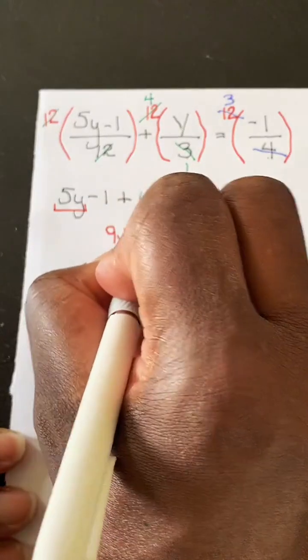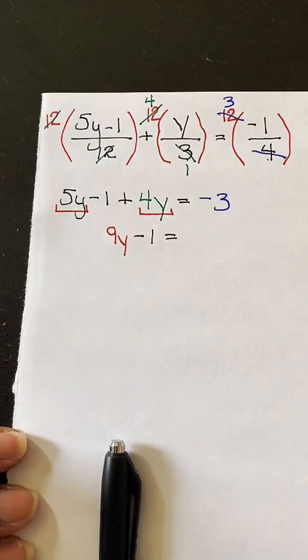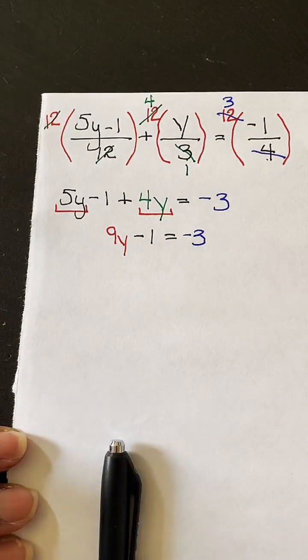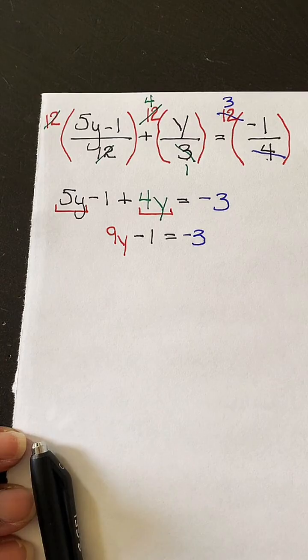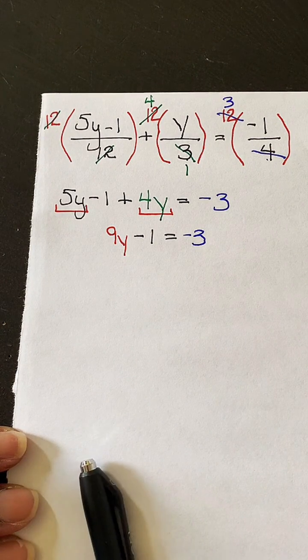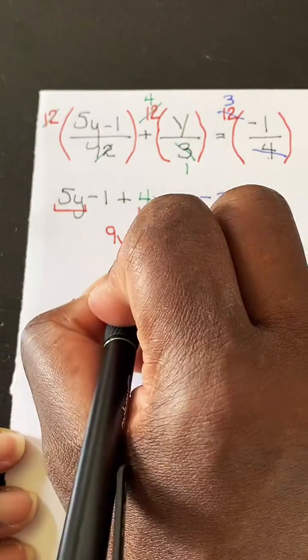Then we have our minus 1 equals negative 3. Okay, good. We got those like terms. There we go. We got our 9y's. Good. All right. So now we're going to add 1.